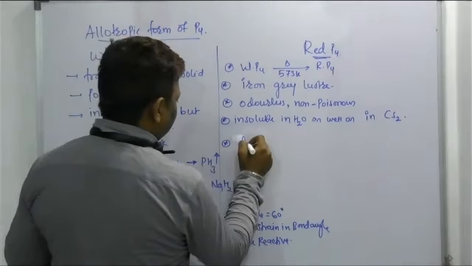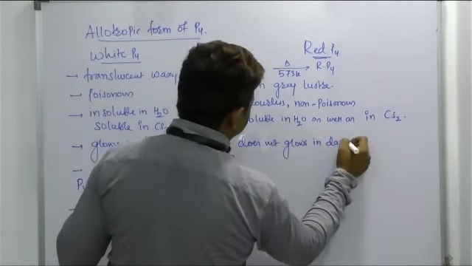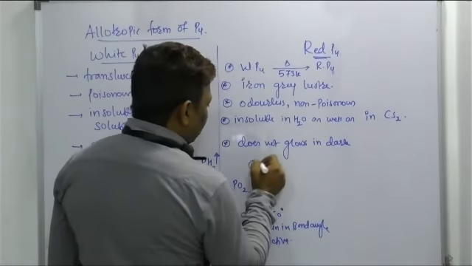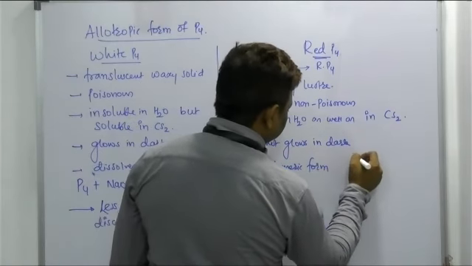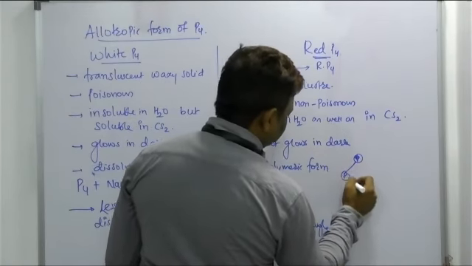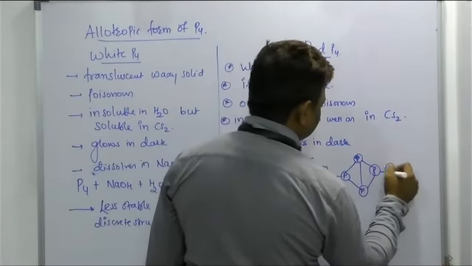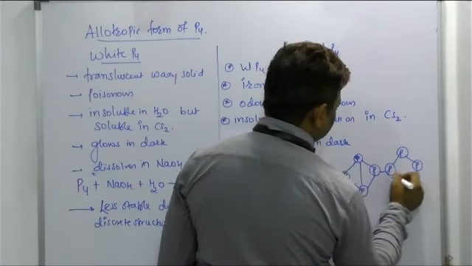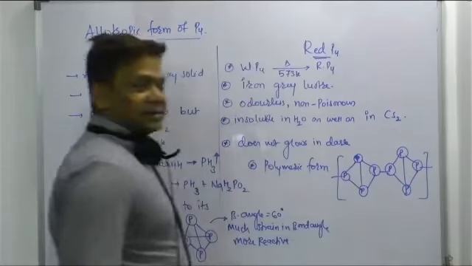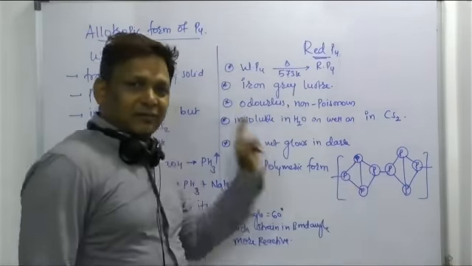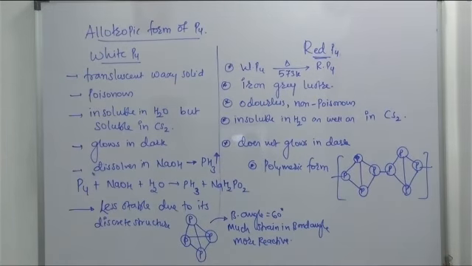It does not glow in the dark. It has a polymeric form, so it is more stable, and white phosphorus is less stable. So white phosphorus is more reactive than red phosphorus.